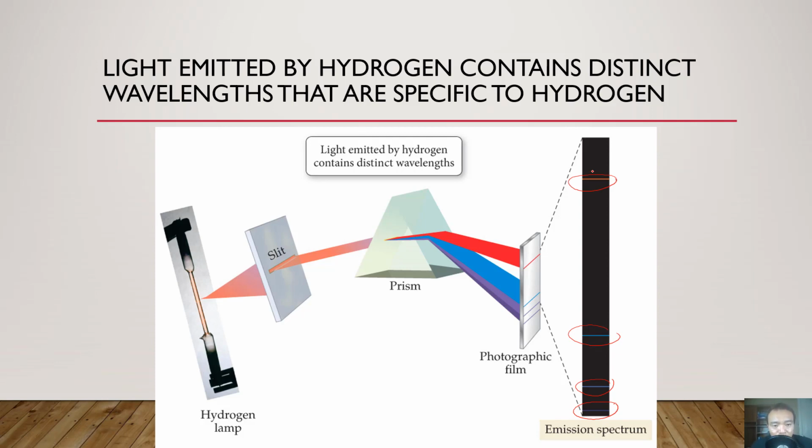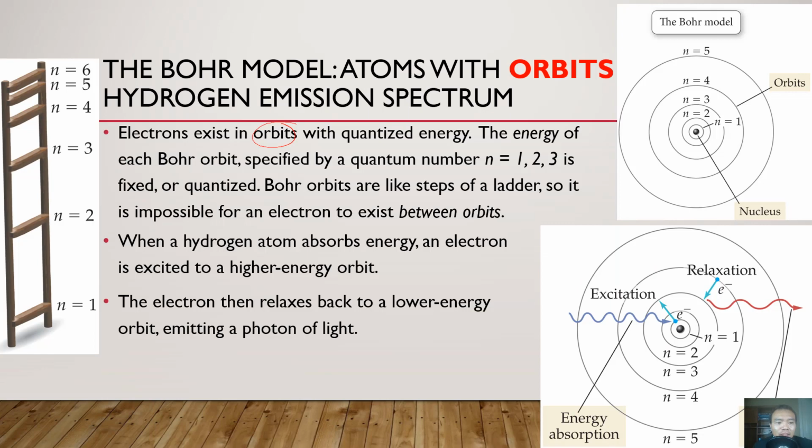Bohr was the first person who perfectly explained the hydrogen emission spectrum. In Bohr's atomic model, he proposed the electrons can only exist in certain energy states. What he proposed was that energy is not continuous.